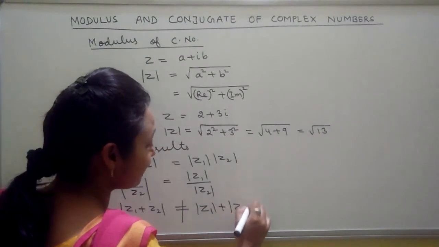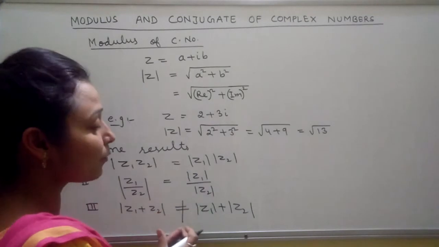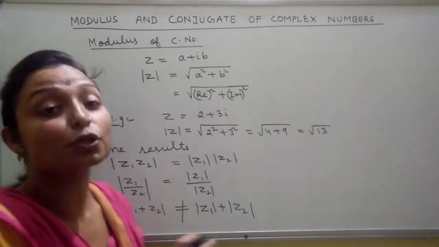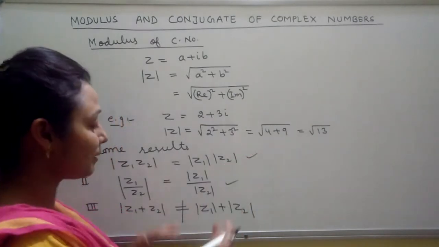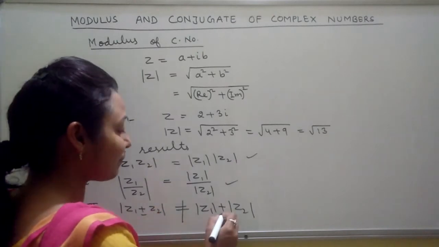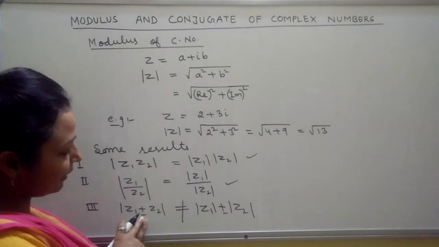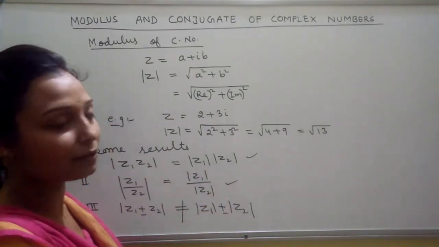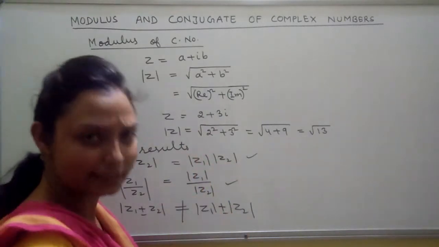It is not compulsory that they be equal; it may be equal, but not always. The first two are always applicable, but this one is not applicable. It is also right in the case of negative. We can verify these results by taking any example.